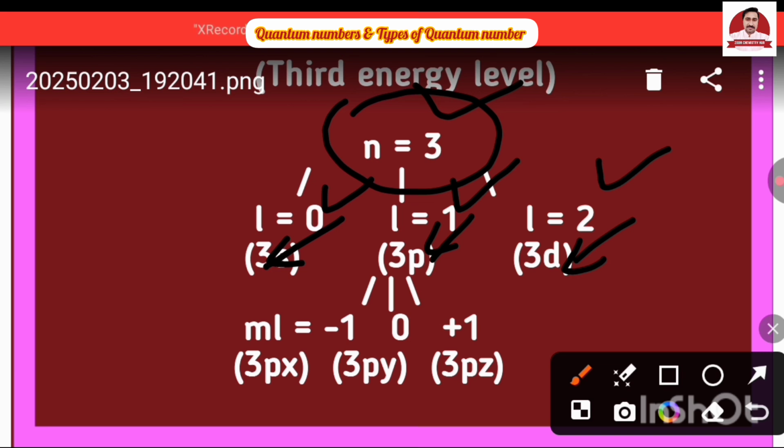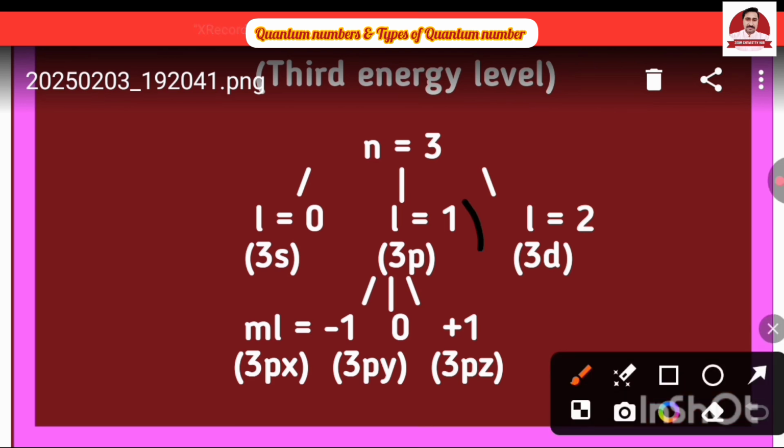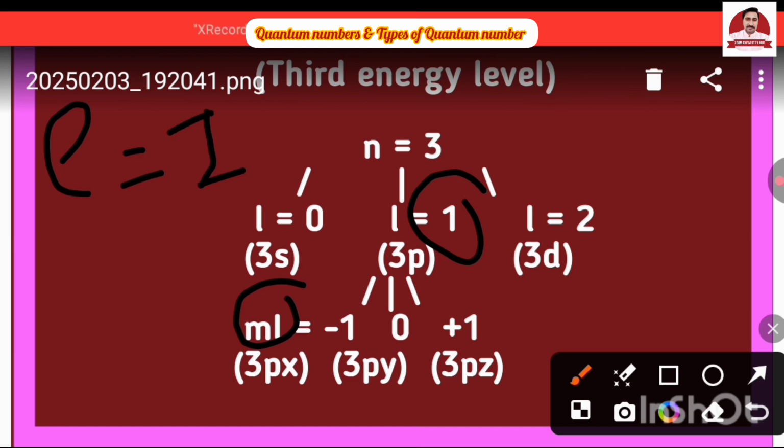And in the p orbital you already know that p orbital has ml values, that is minus 1, 0 and plus 1. If the value of L is 1, then we have 3 ml values. That is, if L is equal to 1, then ml value is equal to minus 1, 0 and plus 1.